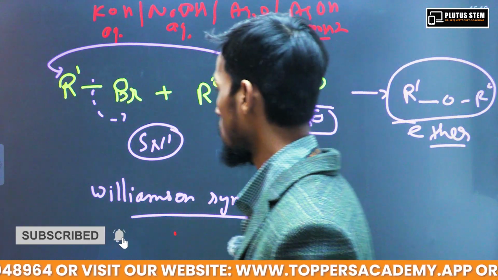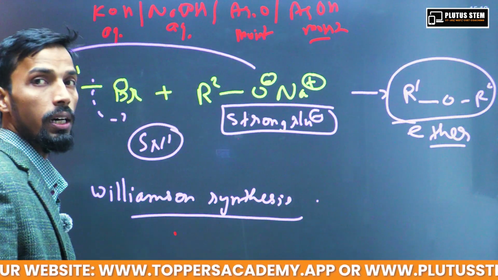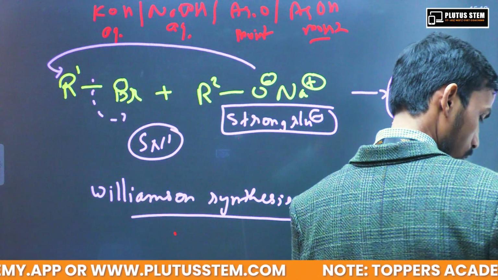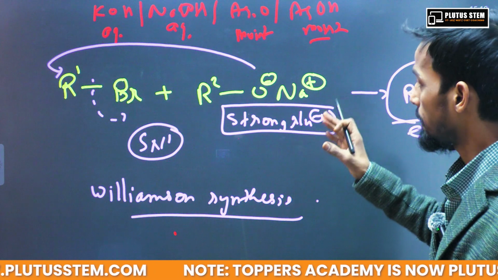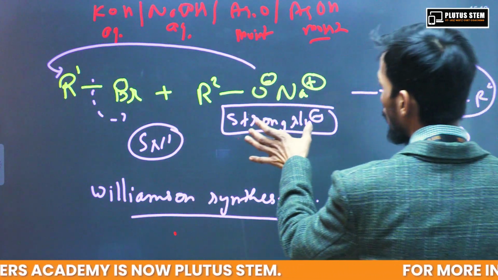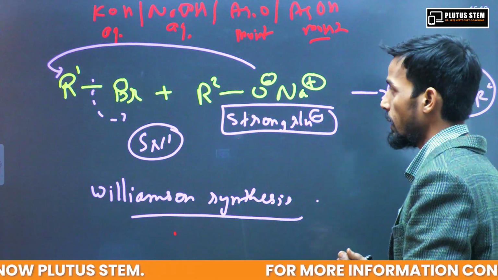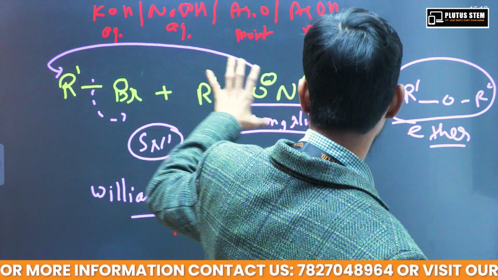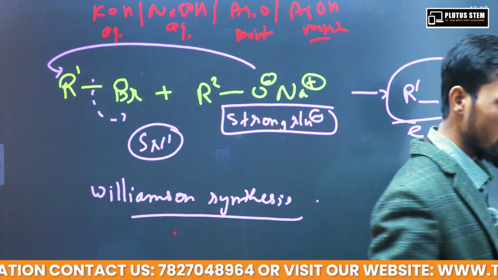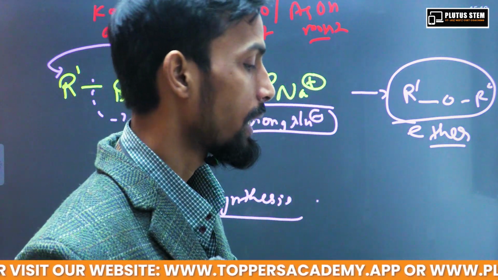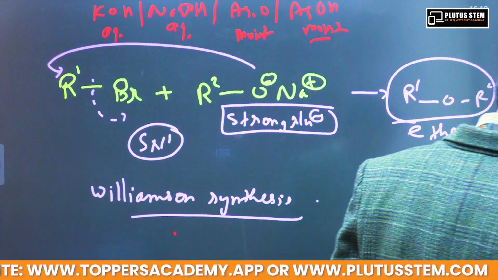A racemic mixture is formed when we have a chiral center. If we react with RONa, a sodium alkoxide, the synthesis of ether is achieved in this type of substitution reaction.